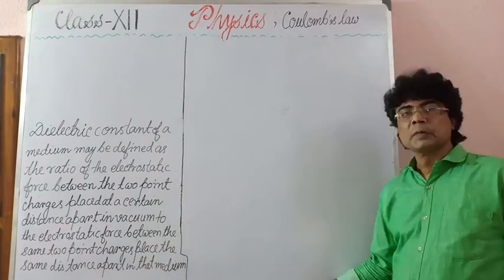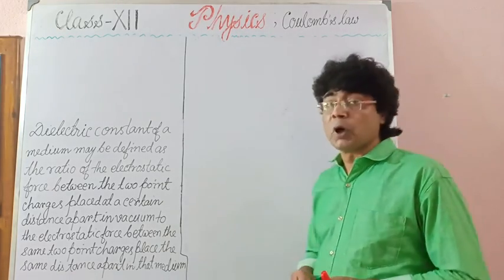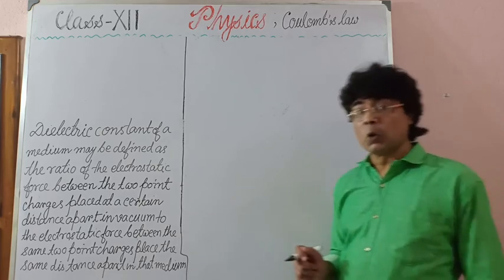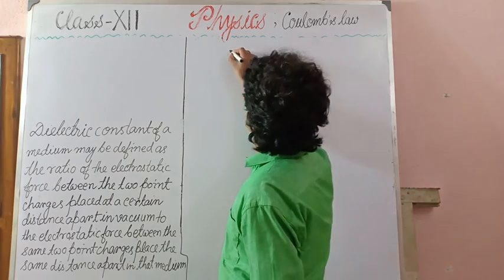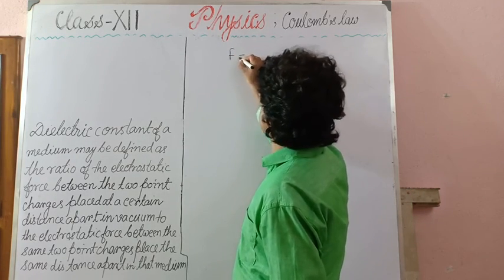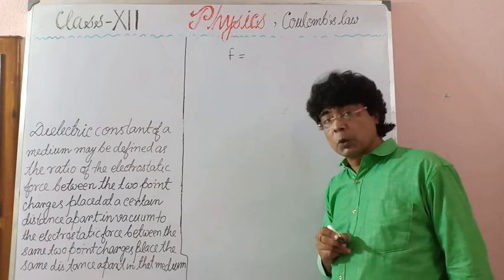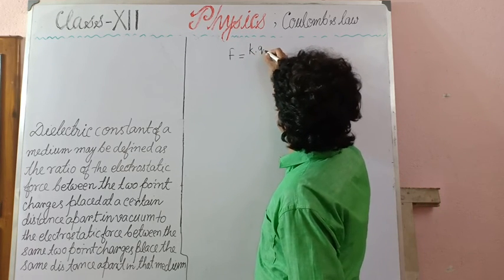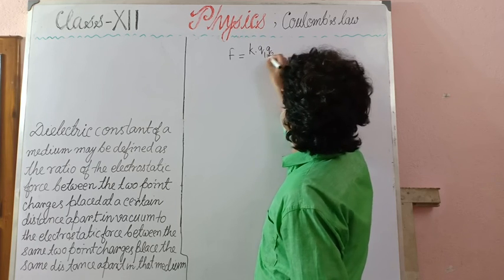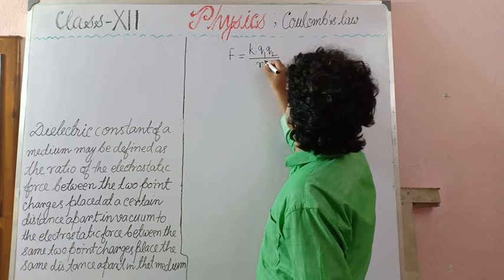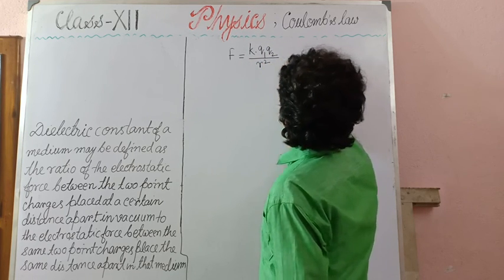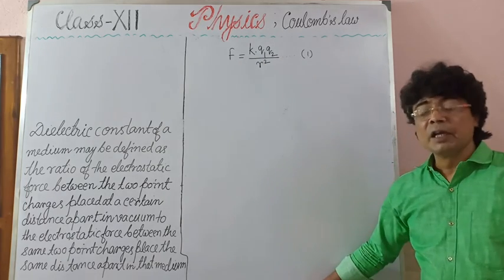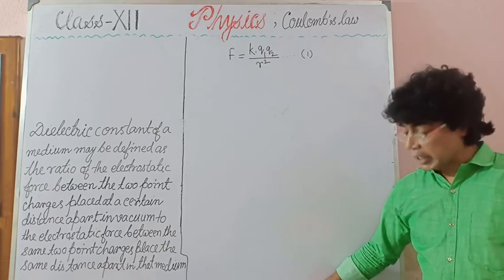Now, we obtain from Coulomb's law that the electrostatic force F between the 2 point charges Q1 and Q2 separated by a distance R equals K Q1 Q2 by R square, where K is the electrostatic constant.